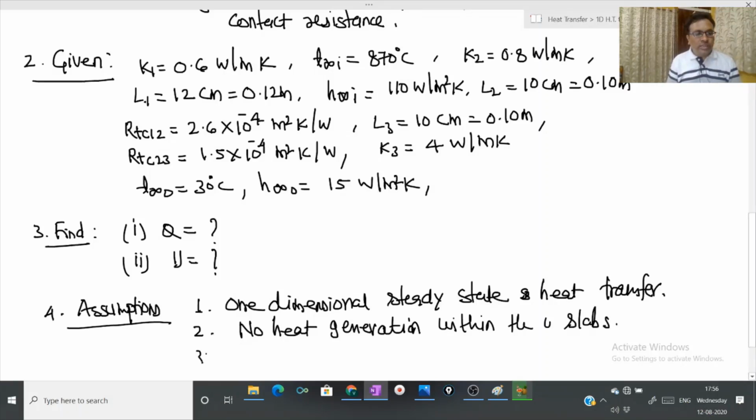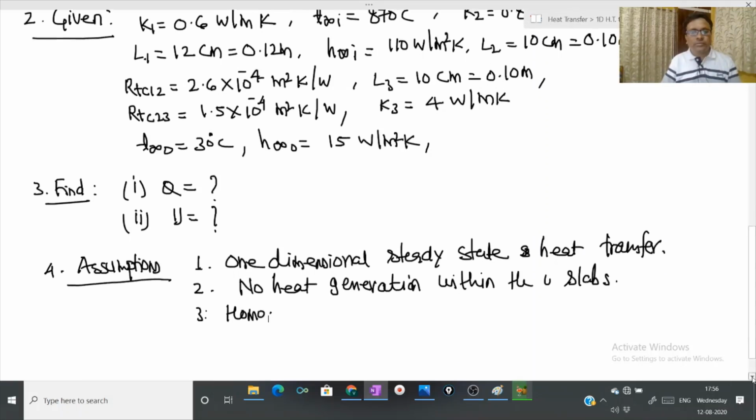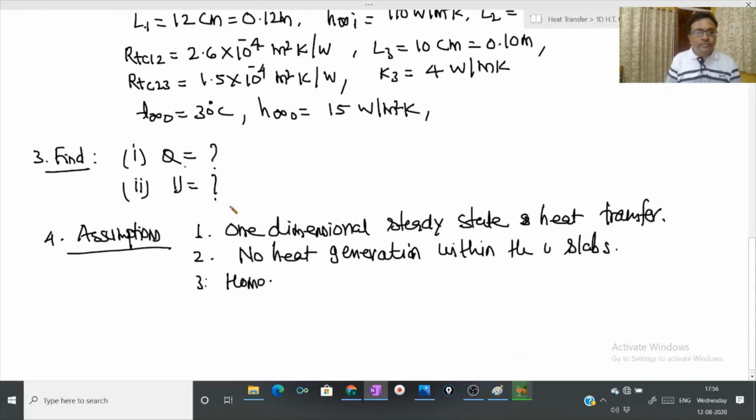Number three, homogeneous and isotropic slab materials.